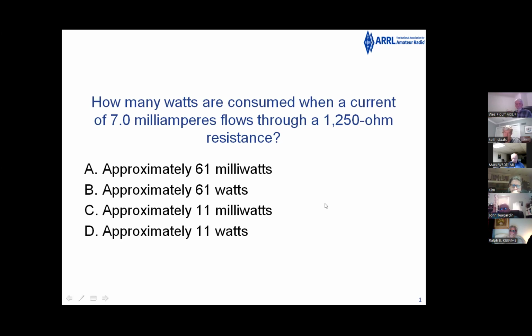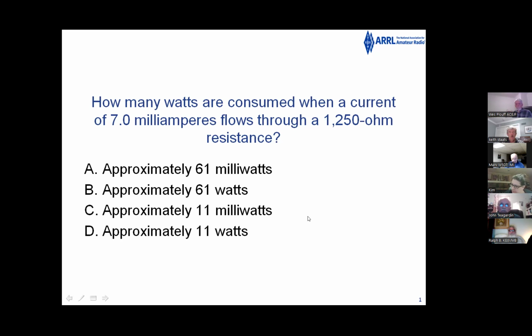You got to move it over. So it's 6 digits over. So it's really, I think, 49 microamps. But then you multiply it by 1250. So 49 times 1250 is where the 61 comes in. And you get back to the 61 milli. So it looks like A, 61 milliwatts? Yeah.